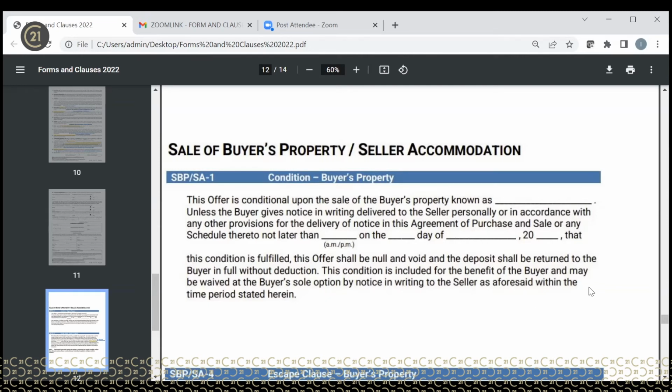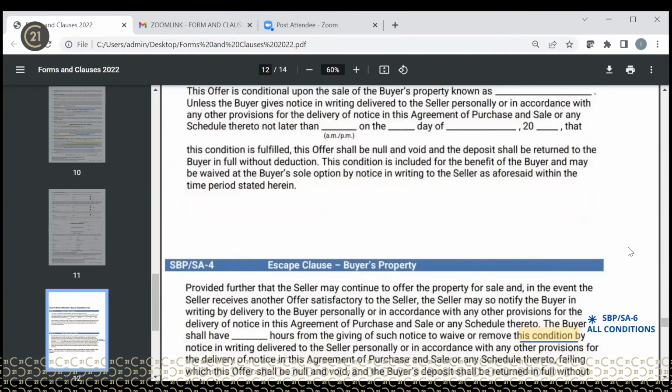There is a clause that anybody who was working in the business prior to the, I guess, frenzied purchasing of the last couple of years, we would see these quite often. It's a condition on the sale of buyer's property. Got a few things to say about that.